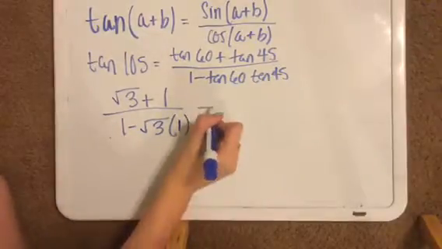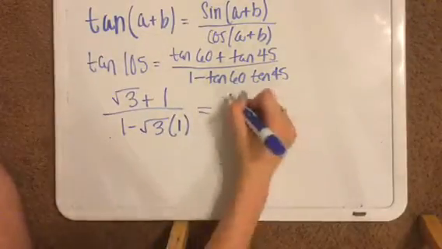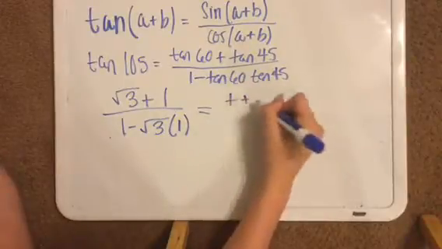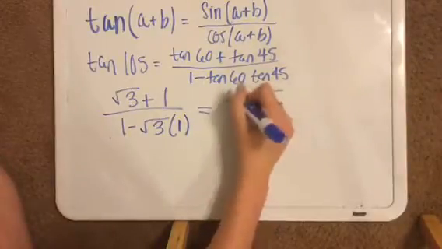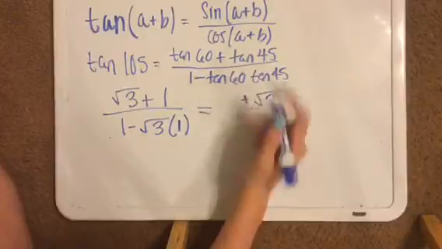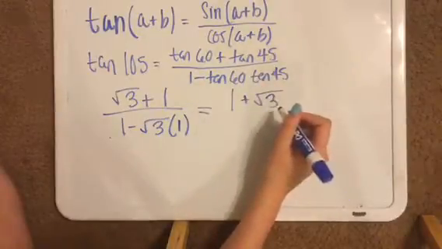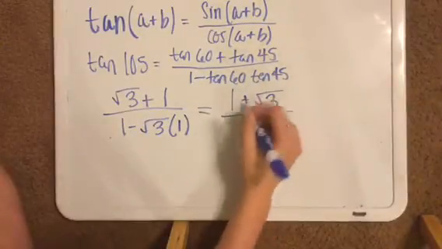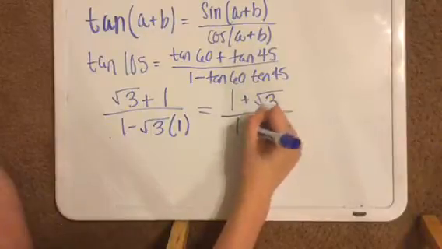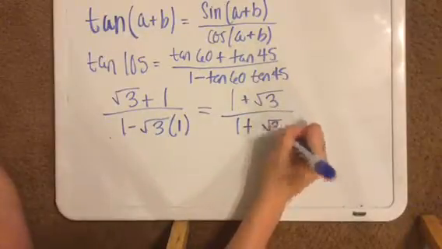This is then equal to 1 plus the square root of 3 over 1 minus the square root of 3.